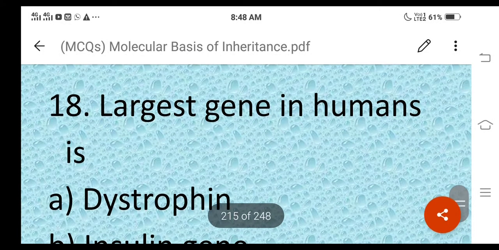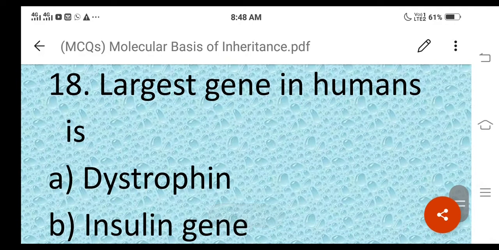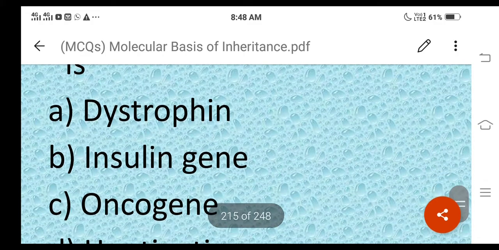The largest gene in humans is called the dystrophin gene. Remember, the dystrophin gene is responsible for causing a muscle disorder called muscular dystrophy. So option E is the correct answer.